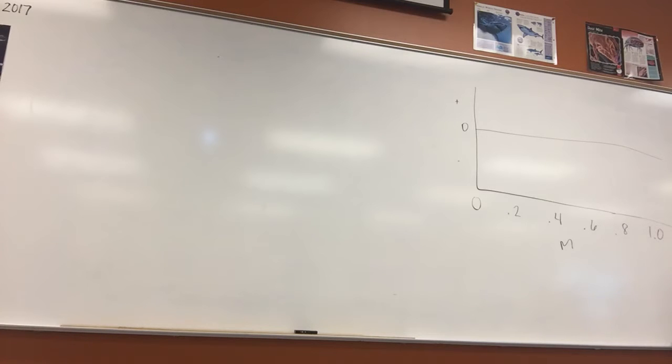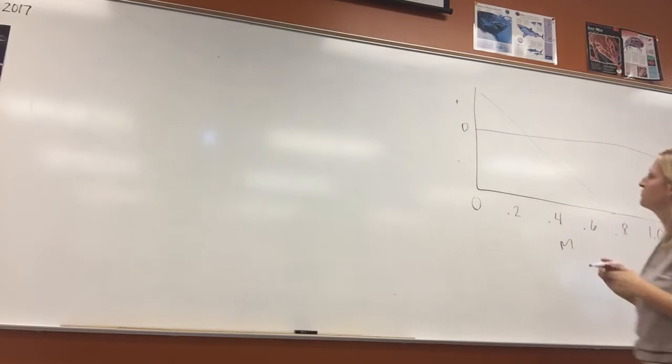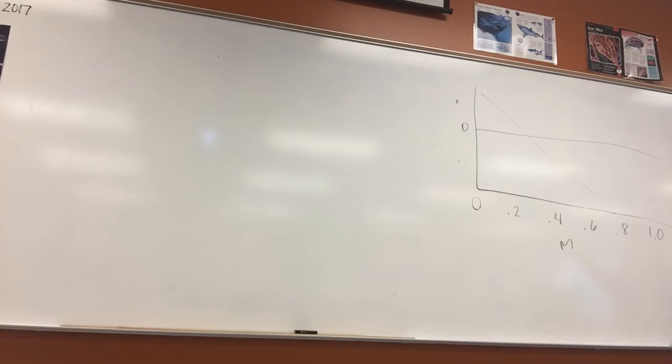I'm going to show you how to use your graph to figure that out. So you made a line, you have your data plotted, and you already have a line. I'm just going to arbitrarily draw a line. This line I just drew up here has nothing to do with what you should get. All right, it's just an example.